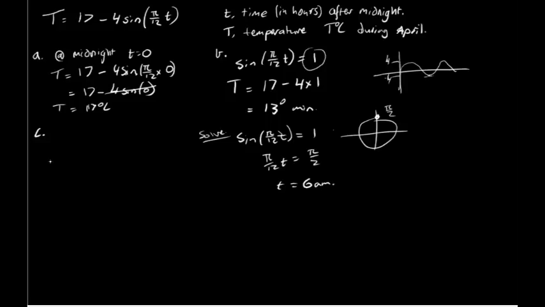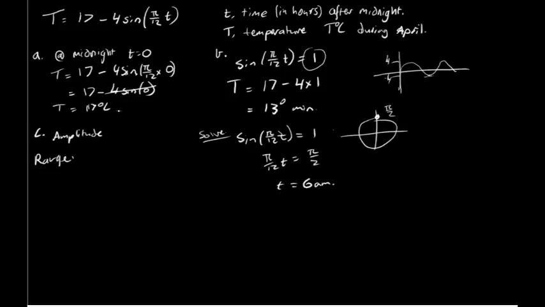Part C is looking at over what interval the temperature varied. In other words, we're really looking for our amplitude and the range based on our amplitude.